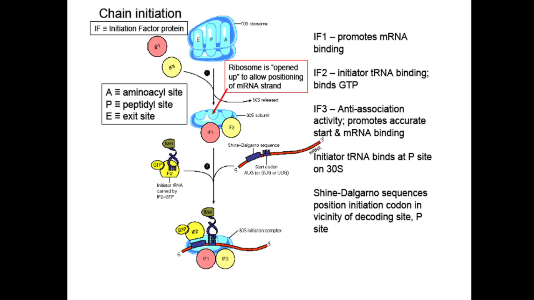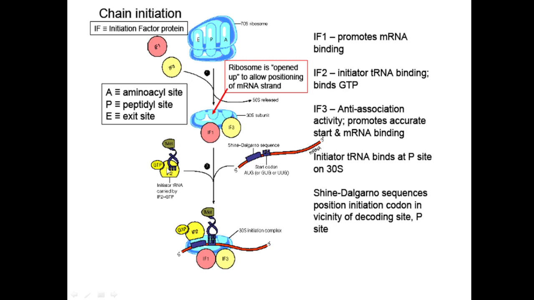messenger RNA. For this, the small subunit and soluble initiation factors are necessary, so-called factors which are necessary only for initiation. You can see 3 main factors: initiation factor 1, 2, and 3. Factor 1 takes the place of interaction with the small subunit and prepares it for binding with messenger RNA.